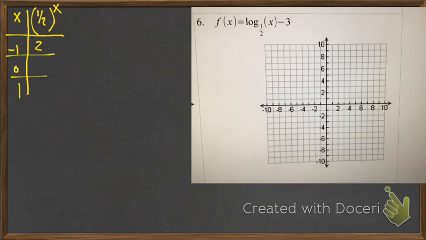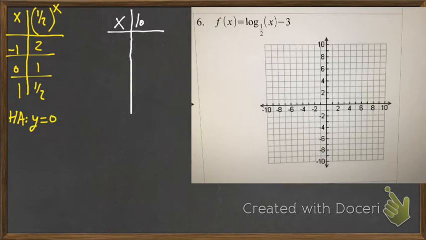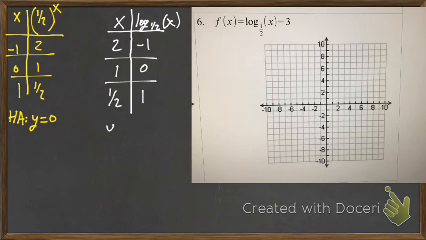Negative 1 and 2, 0 and 1, 1 and 1 half. Horizontal asymptote is going to be y equals 0. For the logarithm, we'll switch our x and y. So we'll have 2 and minus 1, 1 and 0, 1 half and 1, and then we'll switch the horizontal asymptote for a vertical asymptote at x equals 0.